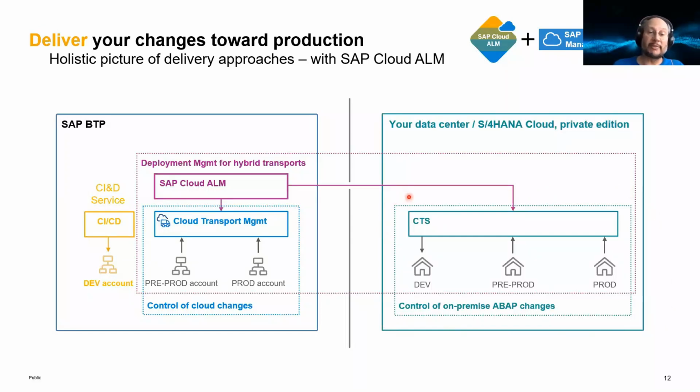And both are then managed from one central place in the Cloud ALM deployment management. So that you have one feature which contains a cloud part or several cloud parts and several other parts, and together they form your overall feature. And these transports are managed centrally from one place in Cloud ALM. So that's the basic idea of this hybrid deployment management.